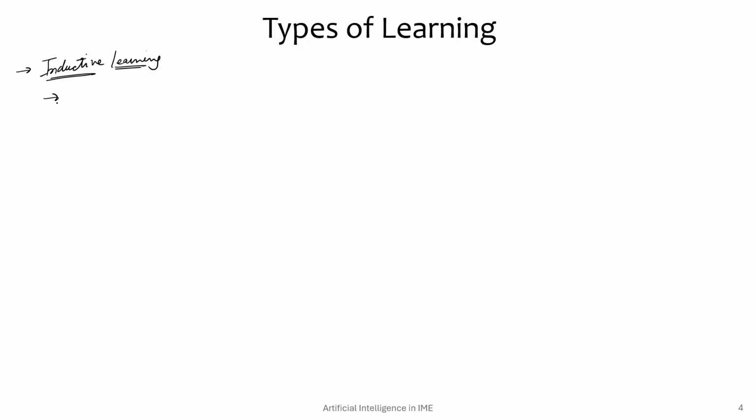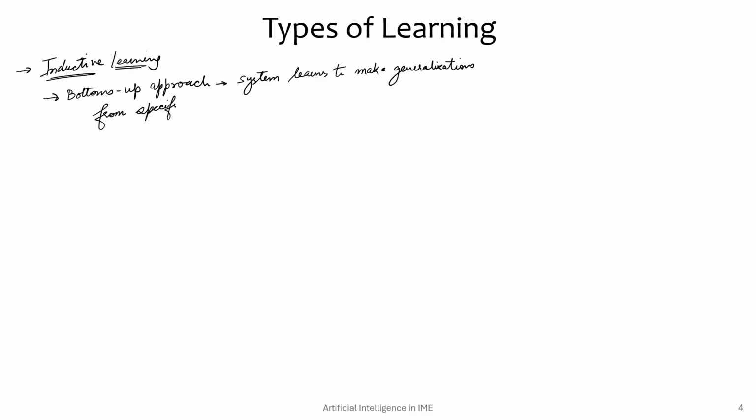We can also define these kinds of learnings by stating that it is a bottoms up approach. What does that mean? The system learns to make generalizations from specific instances or observations.